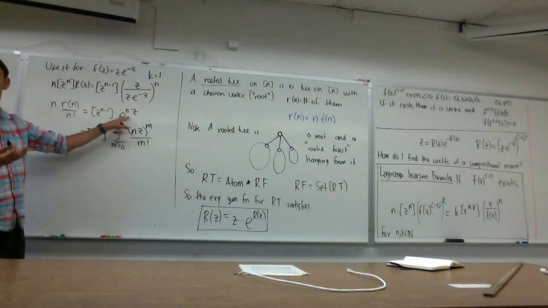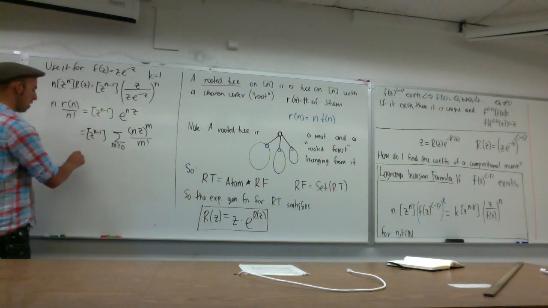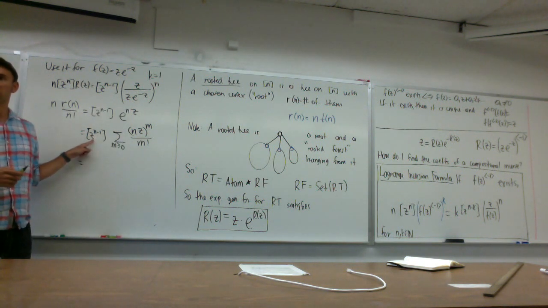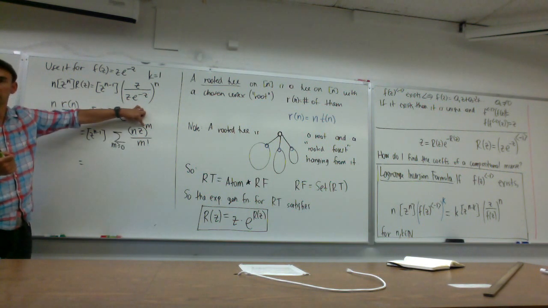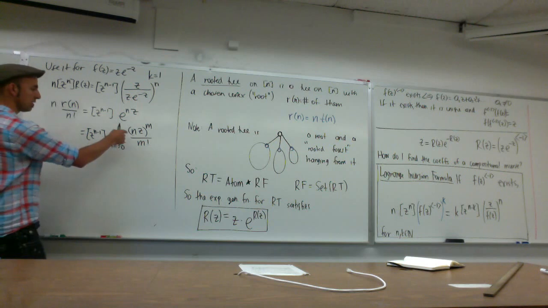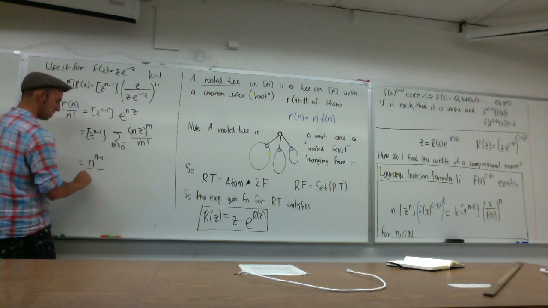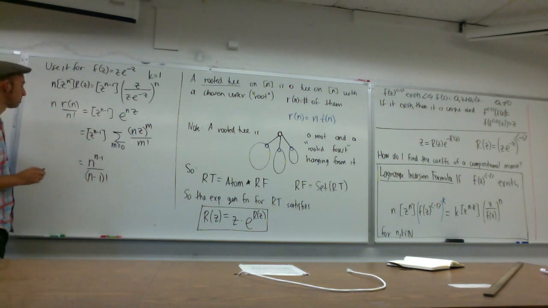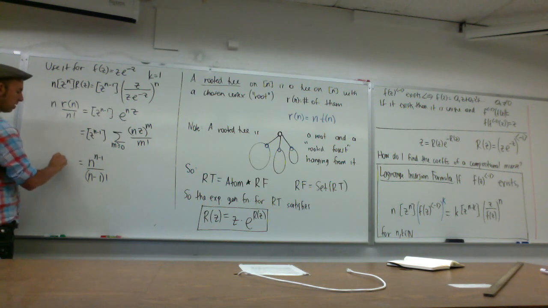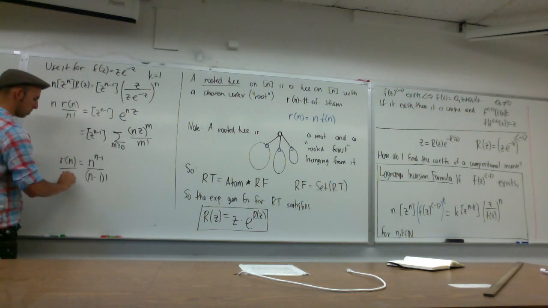Remember, n is just a number, and so nz is just our variable. So then what is the coefficient of z to the n minus 1 here? Well, what did I get when I put m equal to n minus 1? So I get n to the n minus 1 over n minus 1 factorial. And this is r of n, and then n factorial divided by n is n minus 1 factorial.